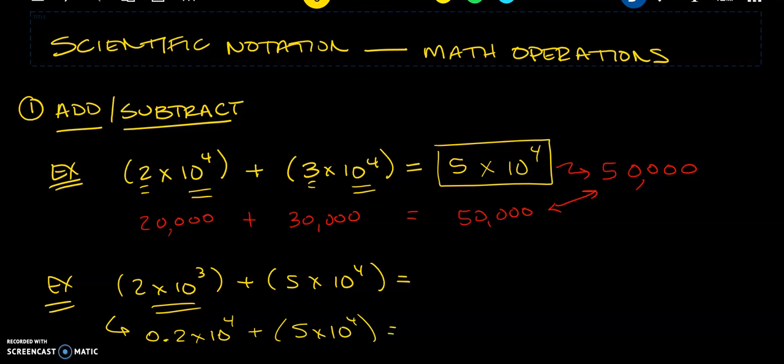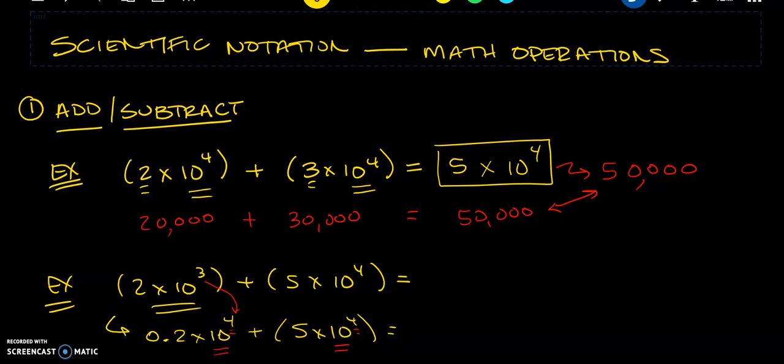You see what I just did? They had the same base, but I needed the exponents the same as well. I needed to go from a 3 to a 4. So to do that, I had to move the decimal 1 place farther from its original location. I hope I can illustrate that better in a moment. But I needed these two the same.